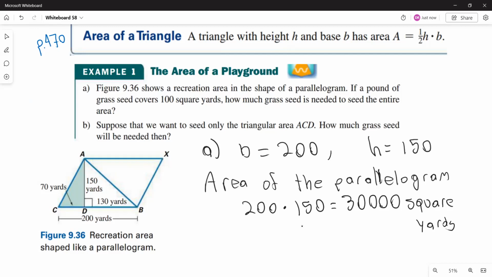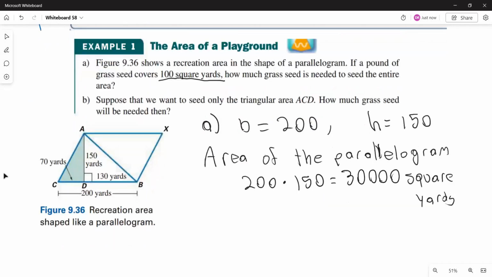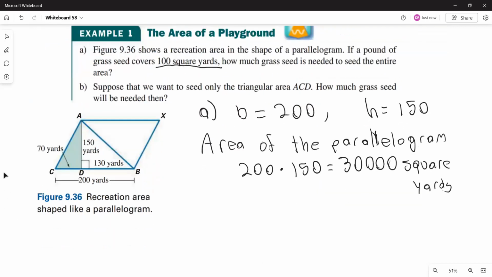Now it says that a pound of grass seed covers 100 square yards. Okay, so to find how much grass seed is needed, we're going to divide 30,000 square yards by 100 square yards. So that is going to be 300.